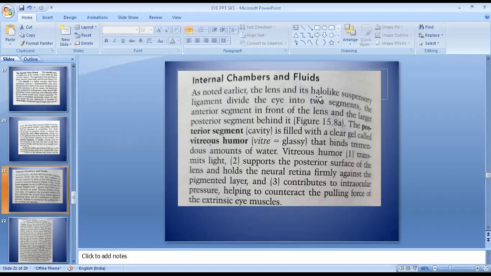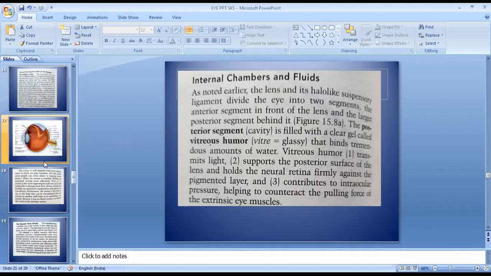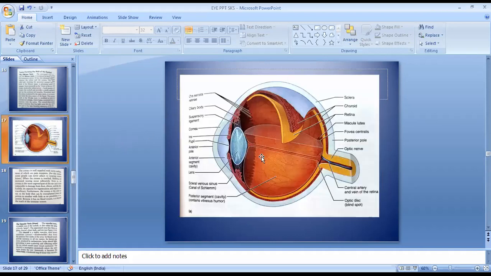The lens and its halo-like suspensory ligament divide the eye into two segments. You see the lens. Behind the lens there is one big chamber, and in front of the lens, anteriorly, there is another chamber.